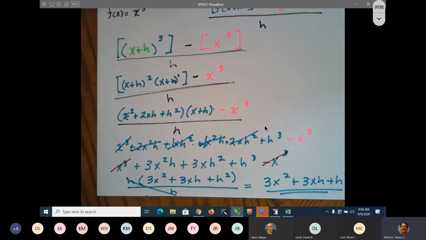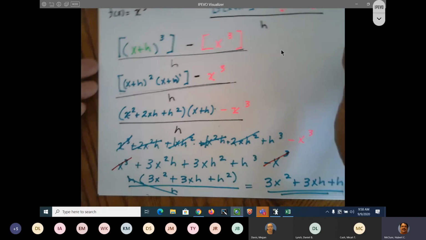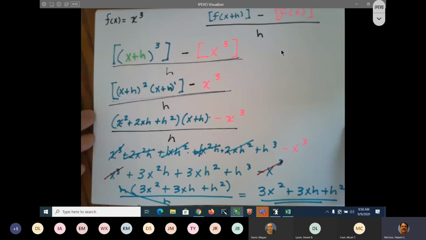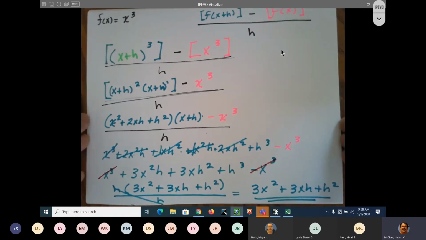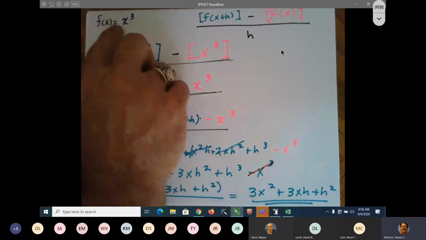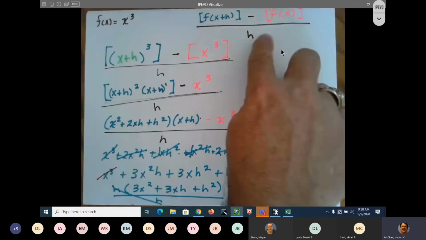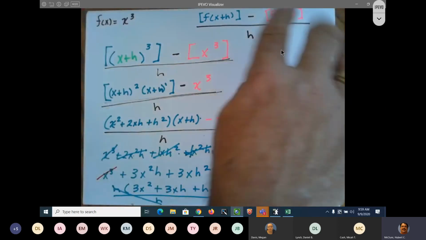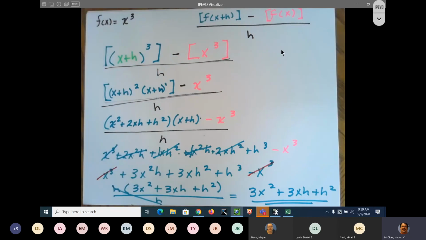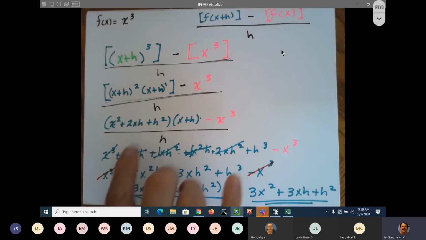If you're saying, I have no clue what he's doing, then we need to meet, because I've done everything possibly to show you how to do it in a systematic way: write the function down, put the difference quotient over here in whatever way you like to do it, and then fill in what you need to.